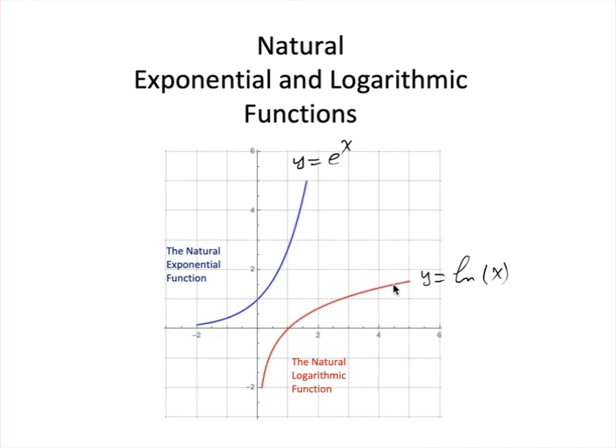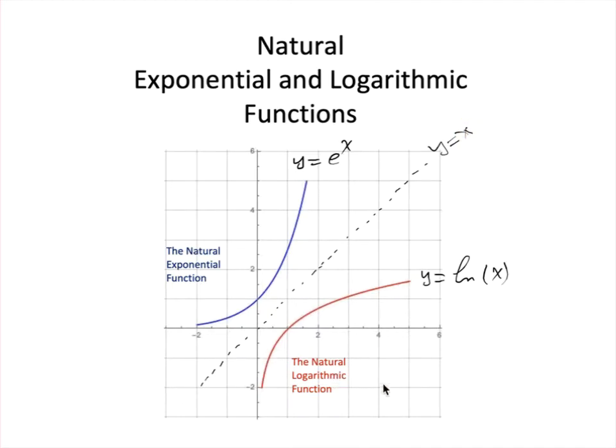And as you notice, these two functions are inverse functions of one another. They are mirror images of each other over this line, the line y equals x. So one is a reflection of the other along this line. And this is the line y equals x.